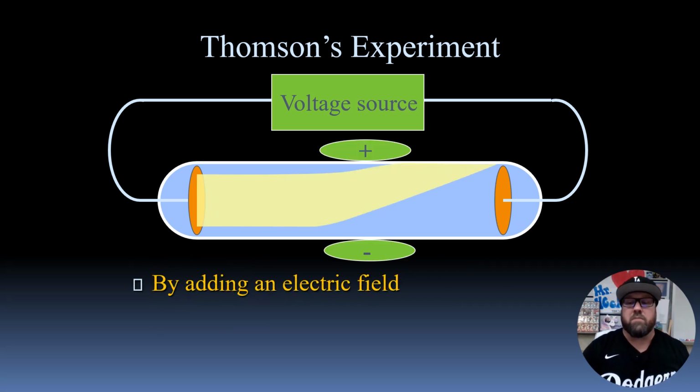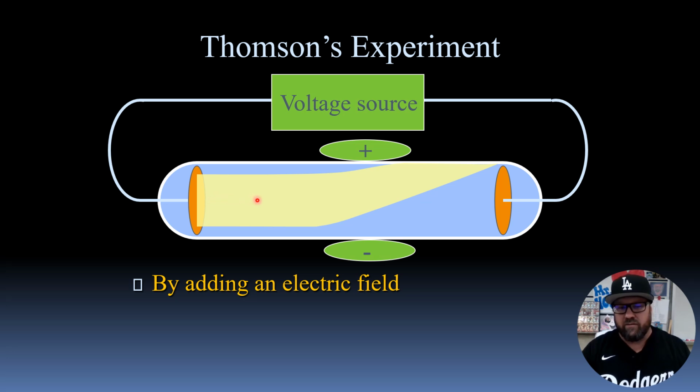So what Thomson did to modify his experiment is he took a positive magnet and put it on one side of his cathode ray tube, and a negative magnet and put it on the other side. Now, the space between two oppositely charged magnets is known as an electromagnetic field, and he found that when he would energize the gas in the cathode ray tube, something very specific happened.